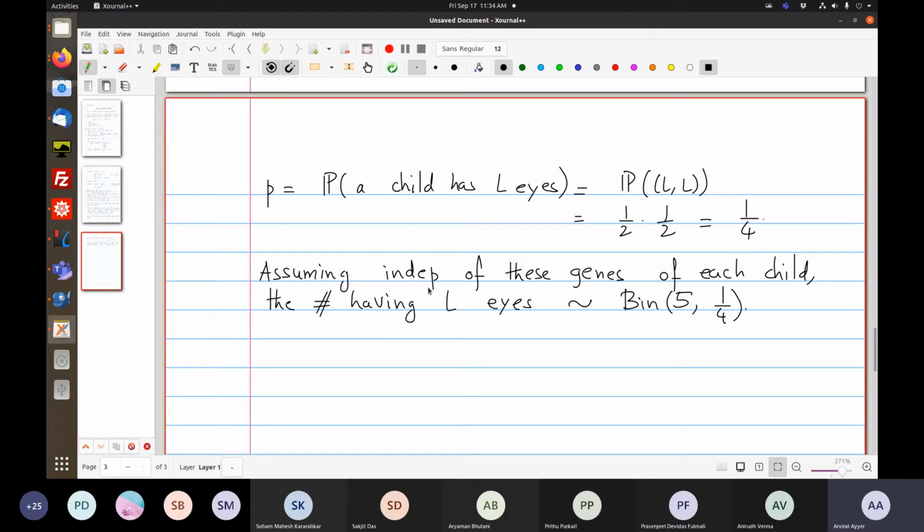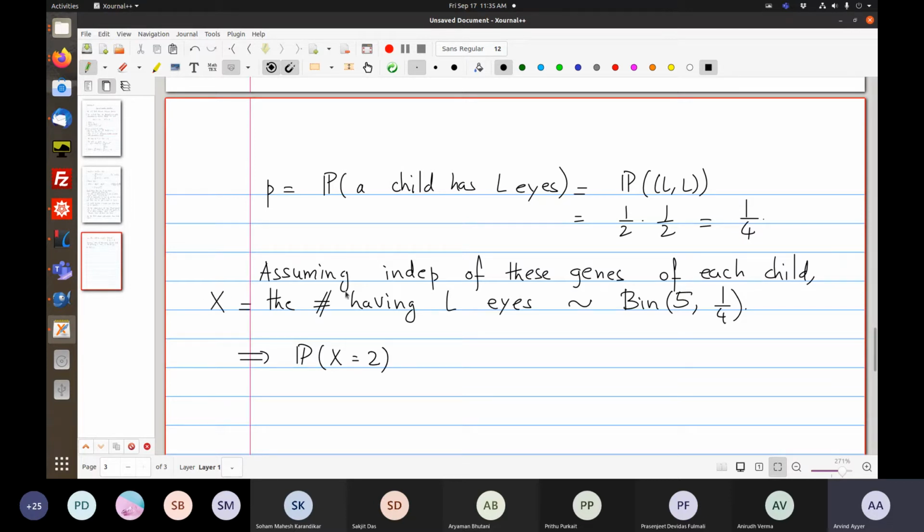They are dependent in the worst way. Therefore, we have to calculate the probability of X equal to 2.